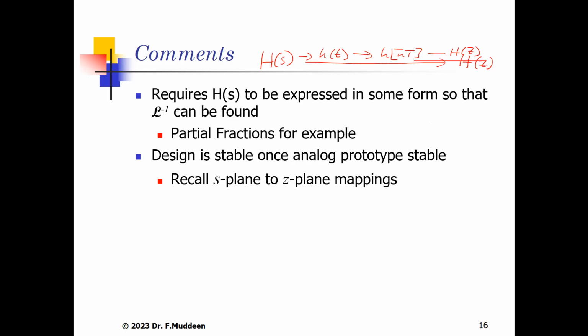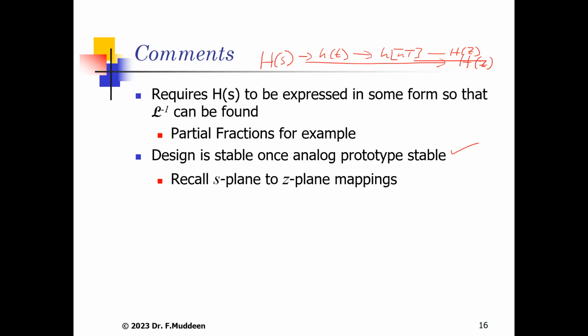Once the analog version is stable, which is not too much of a concern here, but it matters to controls people. If you're doing transform matching in controls, once you know that the analog version is stable, meaning that the poles are all in the left-hand side, remember that the poles in the left-hand side of the S-plane map inside the unit circle, which is stable. So if you have a stable analog prototype, the discrete prototype is going to be stable.